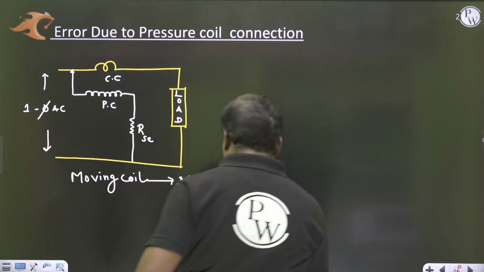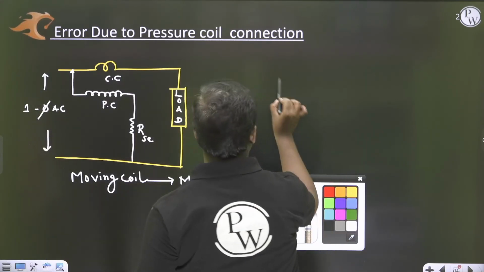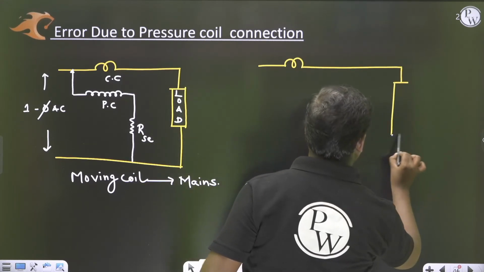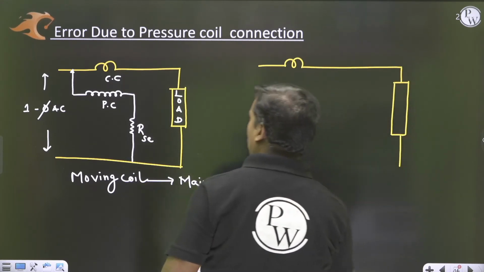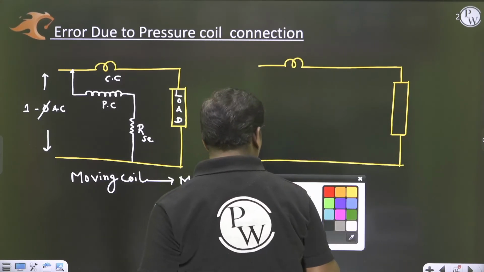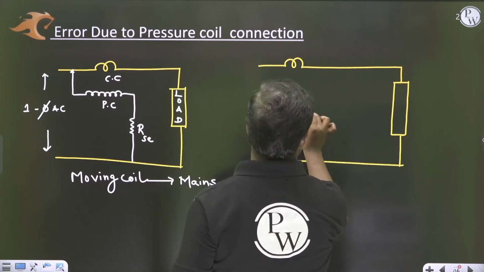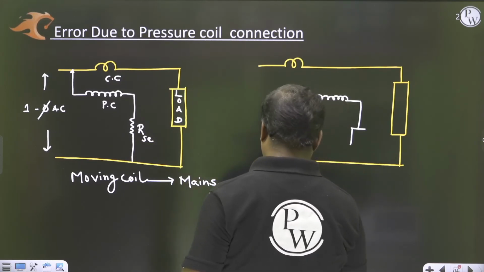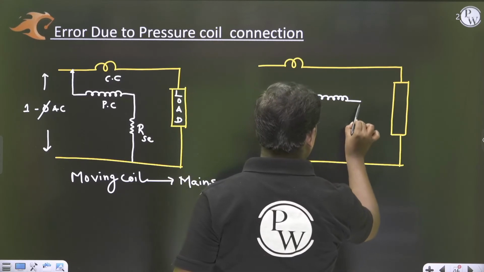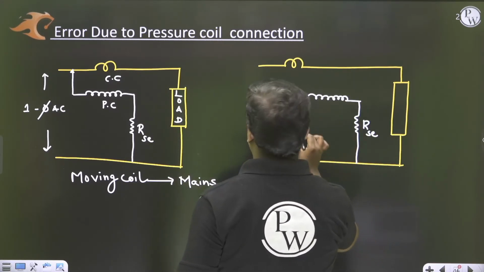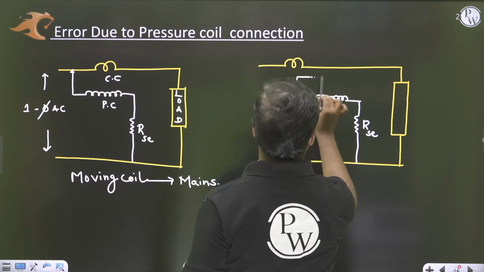Next, another way of connecting is our current coil, load, and now the potential coil or the moving coil, our resistor, is connected here.